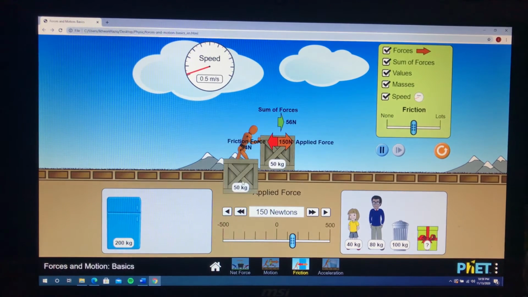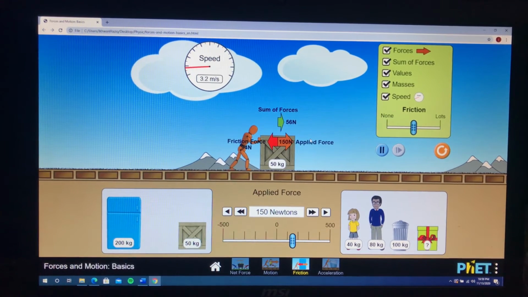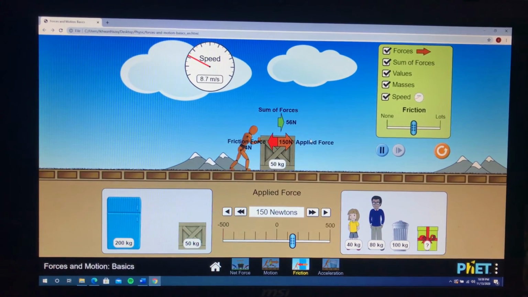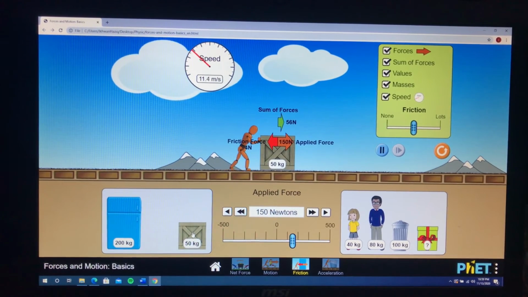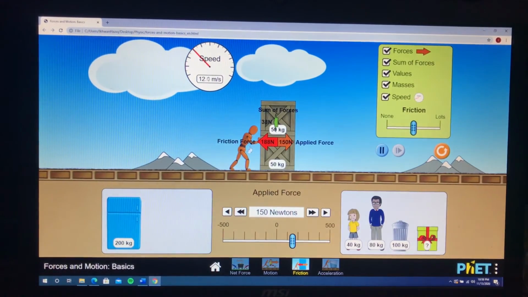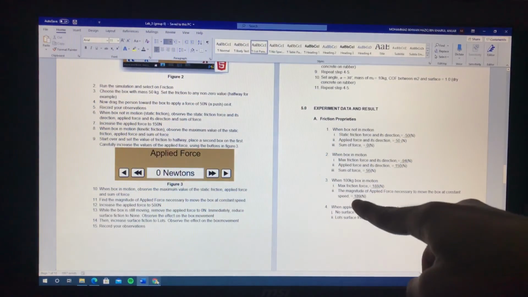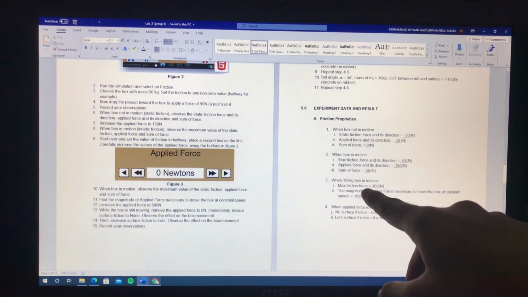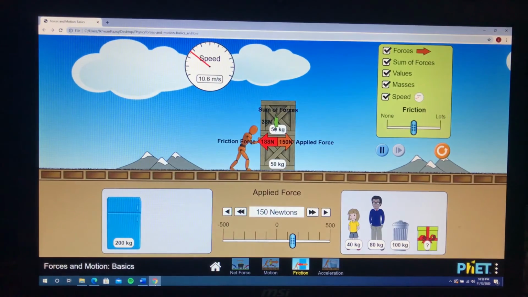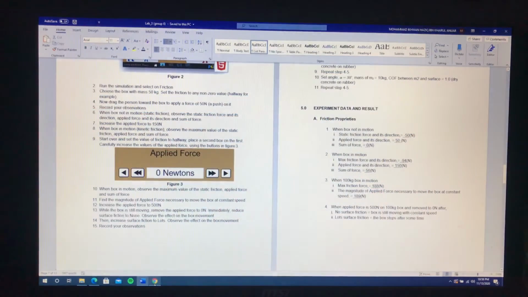As you can see here, when the speed is running, there is motion, and we add the other box. So what we get here is negative 188 Newton, and the constant speed is 189. So this is how I get the third part.